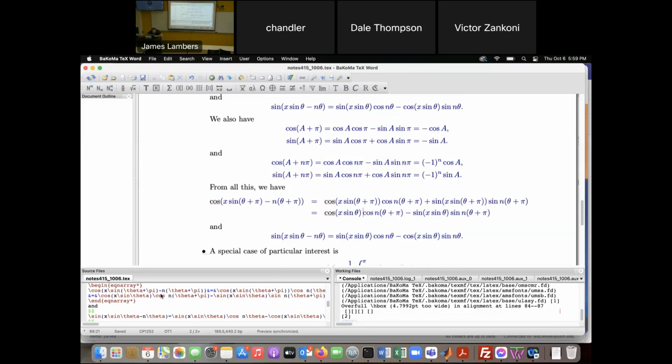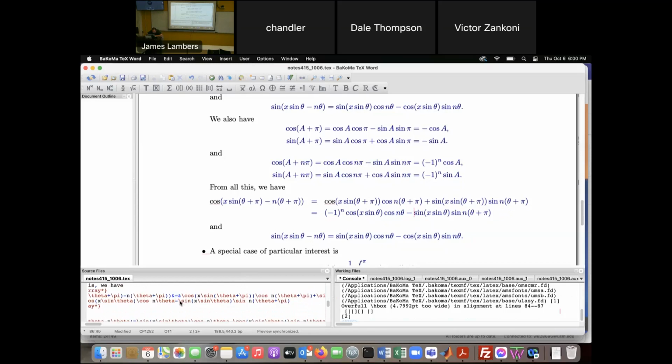So cosine of, that's going to be minus 1 to the n, cosine n theta. And then this one is also going to be minus 1 to the n, sine n theta.